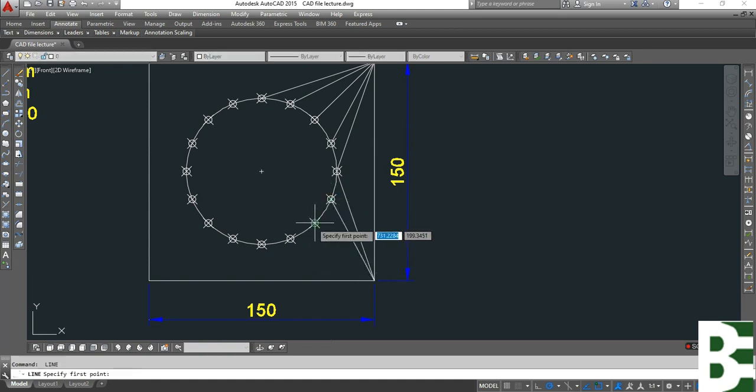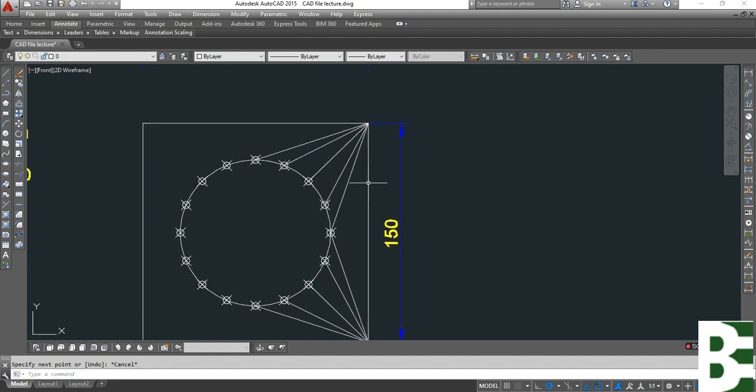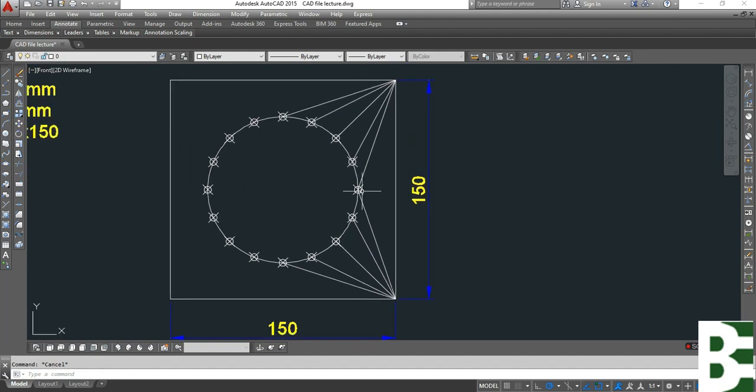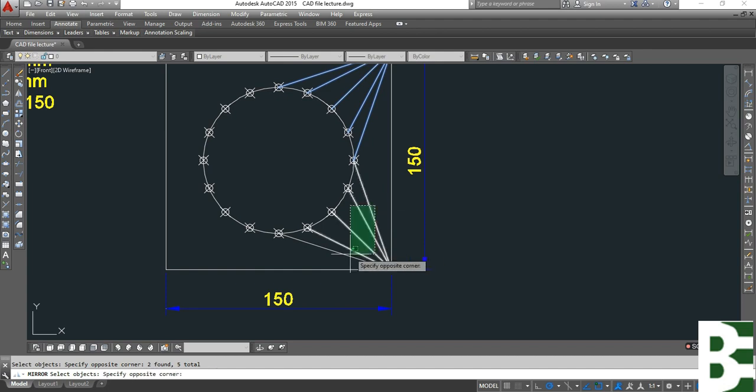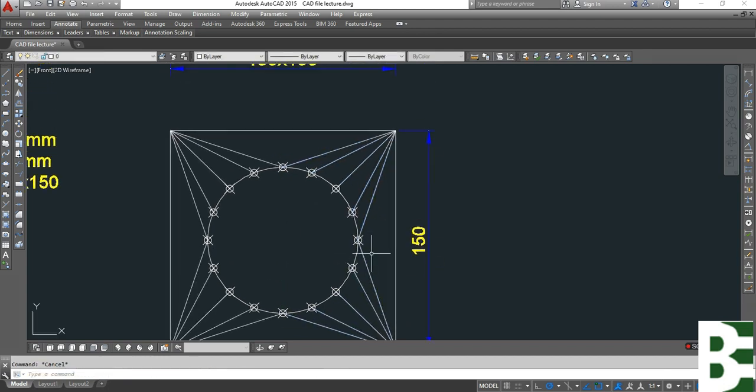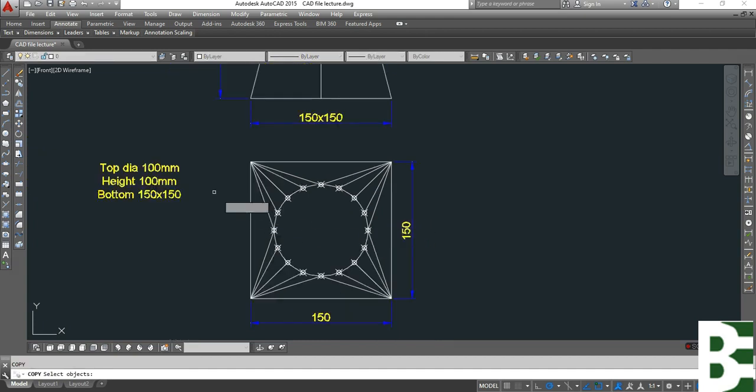Look, this one is the common. I draw lines from the corner to each division, from all corners to all divisions. Now I will mirror. It's so easy.